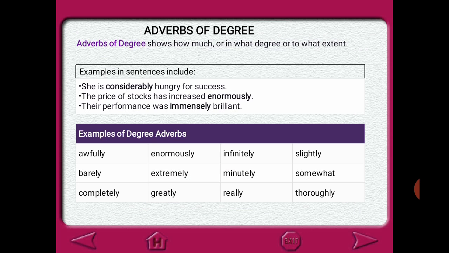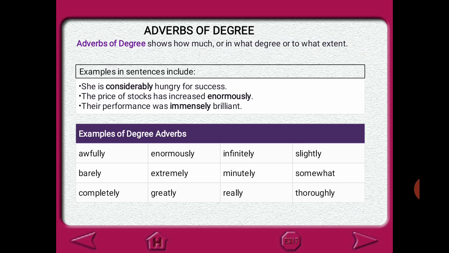Then there is the adverb of degree. Adverbs of degree show how much, in what degree, or to what extent. Examples: she is considerably hungry for success. The price of stocks has increased enormously. To what degree? Enormously.